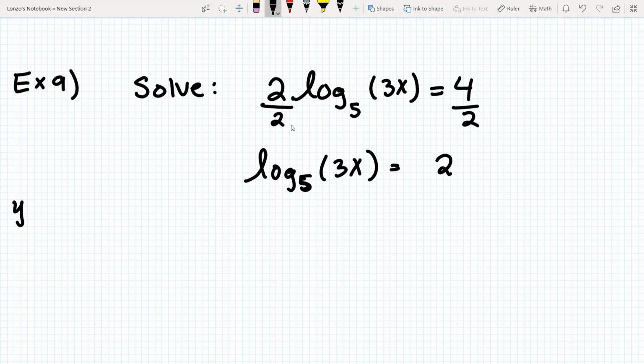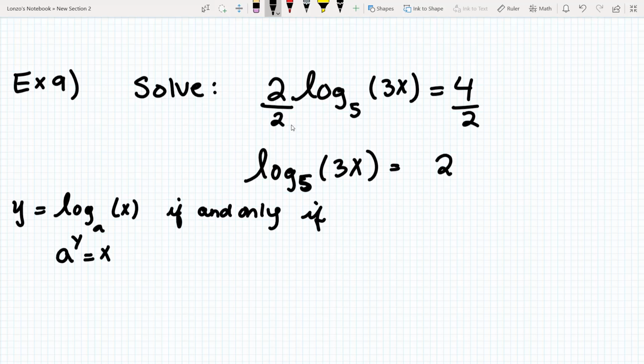You've probably seen this somewhere during lecture or in your notes. This is one of the log rules. So we have y equals log base a of x if and only if a to the y equals x.